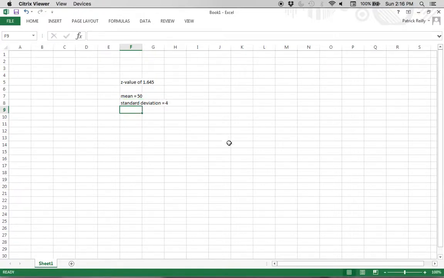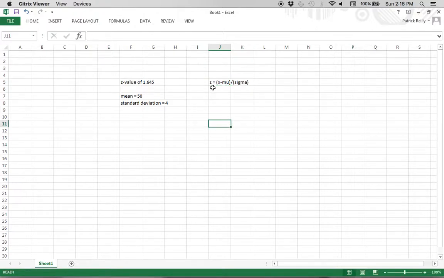Okay, so what's happening here is we want to take our z formula. Z equals x minus mu, the mean, divided by sigma, right?